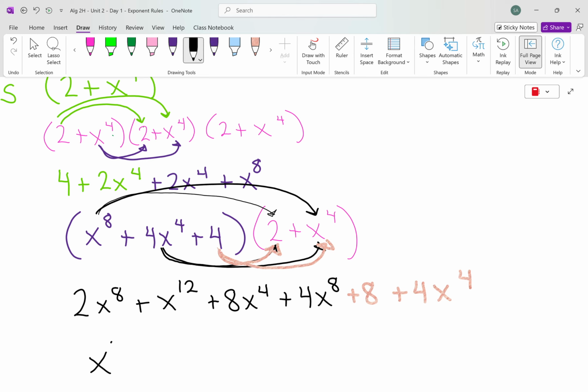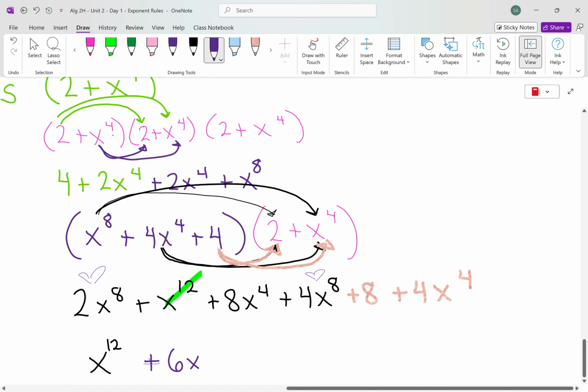All right, now we combine our like terms. So when I combine my like terms, I'll put the biggest exponent first, which is x to the 12th. So we're done with that. Then I have 2x to the 8th and 4x to the 8th, which gives us 6x to the 8th.